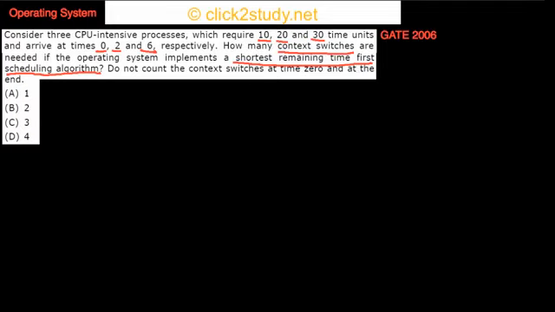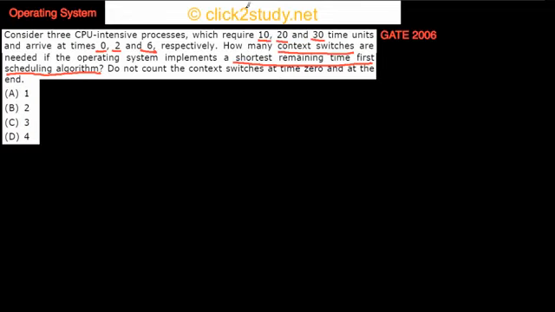Okay, so here we have three CPU processes, and they require these 10, 20 and 30 time units, and they arrive at these different times, 0, 2 and 6. And then we have to tell how many context switches are needed. So a context switch is when one process is running and then this process is replaced by another process.